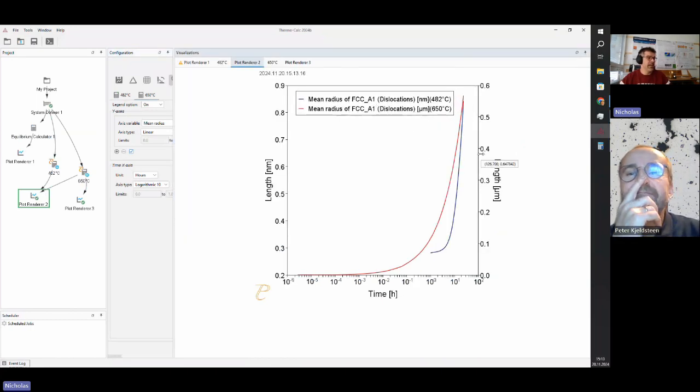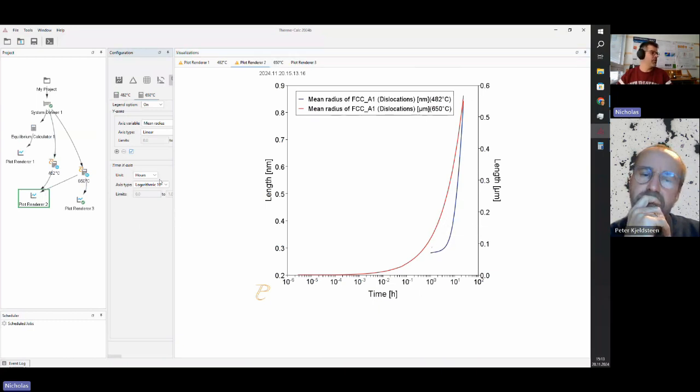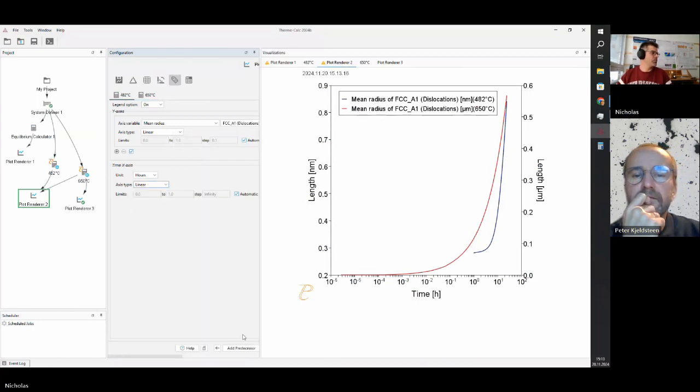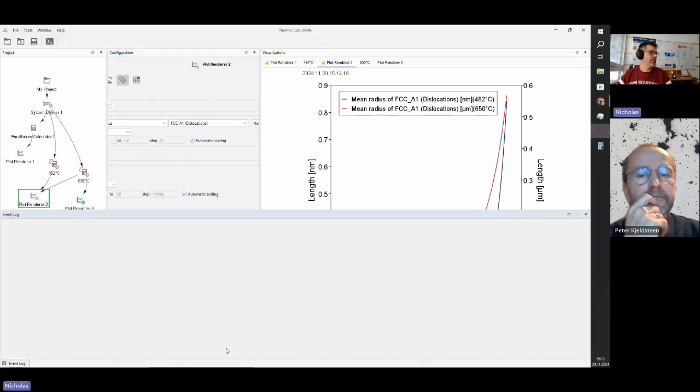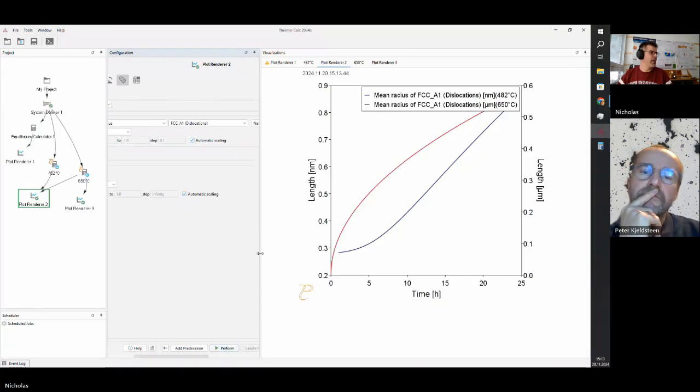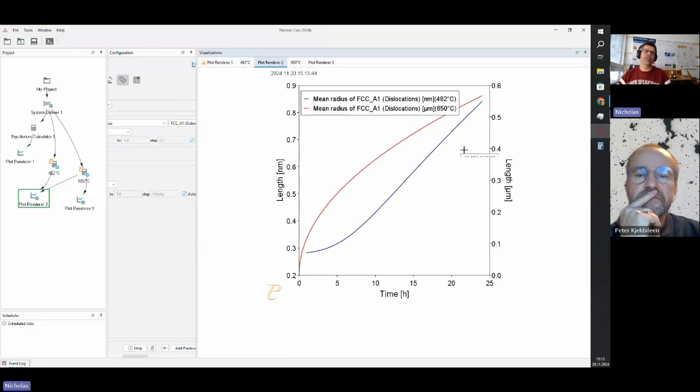And yeah, you can see that at 650, definitely it comes sooner, right? It's a logarithmic axis, so let's try doing a linear axis. See what the difference is. Yeah, there's even a bit of a difference in the growth. And now, of course, the question is, because you're doing this to improve the yield strength, right? Yep. And now, of course, the question is overaging, right?